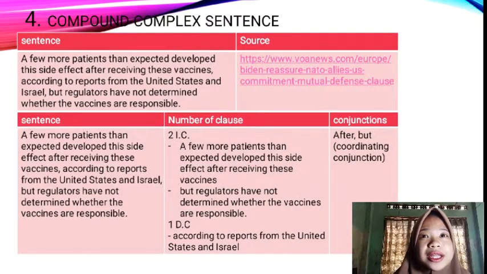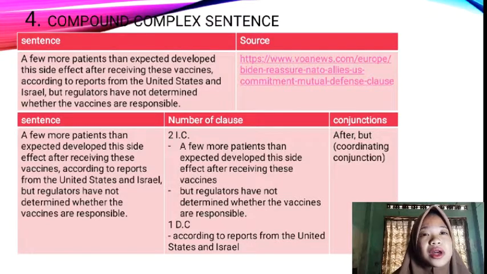So the next one is compound-complex sentence. The example is: a few more patients develop this side effect after receiving these vaccines, according to reports from the United States and Israel, but regulators have not determined whether the vaccines are responsible. The number of clauses is three, with two independent clauses.